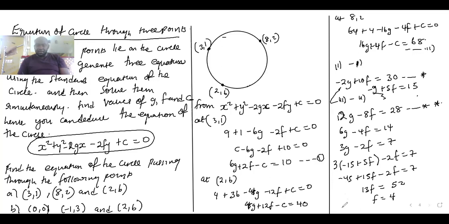G is negative 5. Are you sure? G is negative 5 and F is positive. It's positive 5. That should be positive. How were you getting the negative? Did you get a negative F?